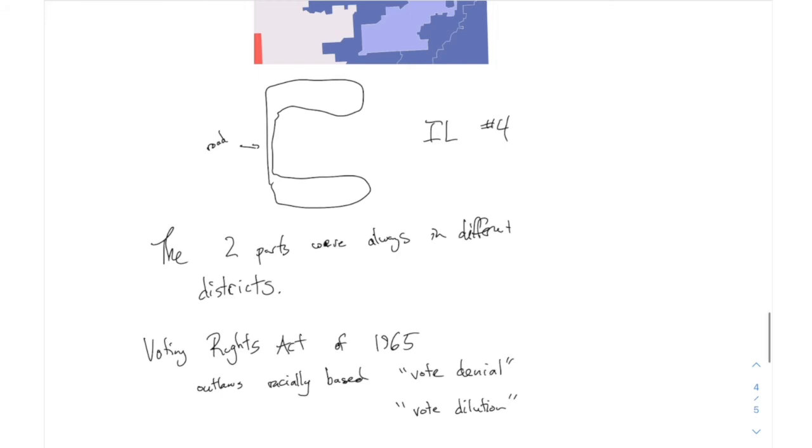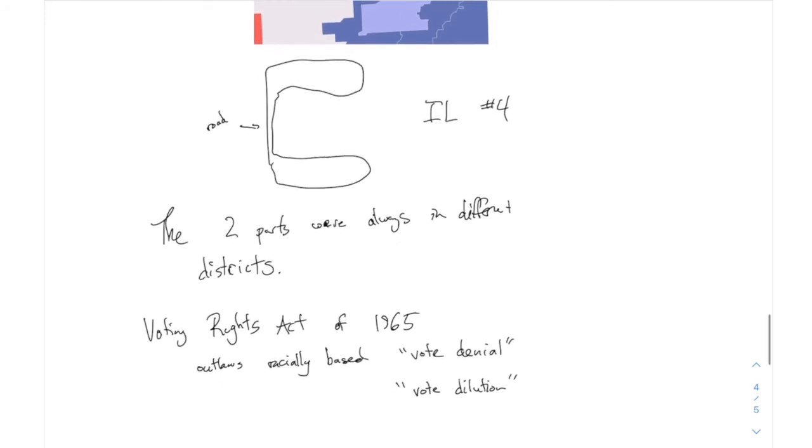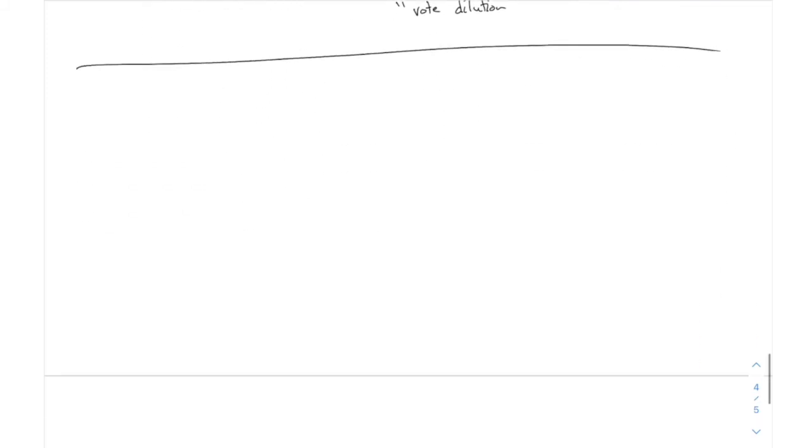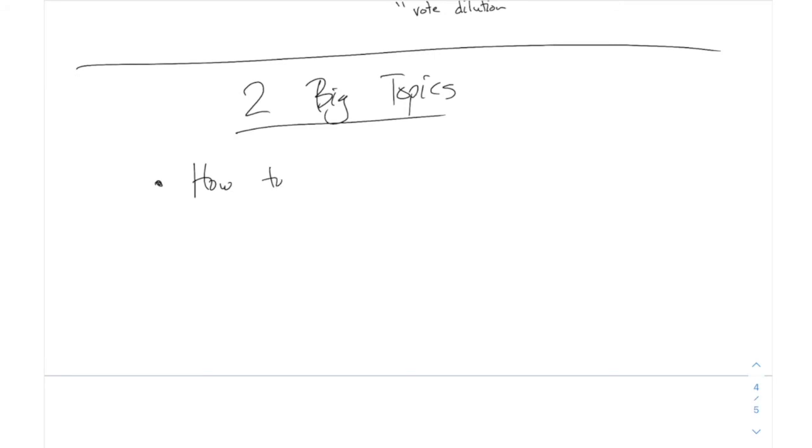All right, let's get down to some business then. We got about 15 minutes left. So, two big topics that we're going to discuss. All of this was about sort of history a little bit, but I want to talk mostly about the mathematics of gerrymandering. And the two big questions that I want to look at are, first of all, how to rig elections by gerrymandering.